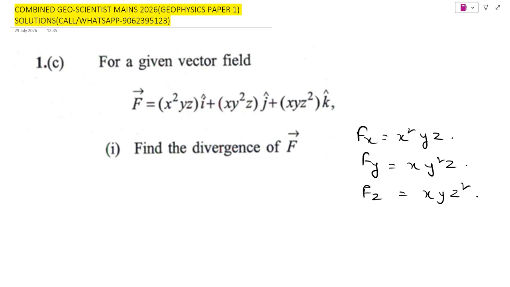So imagine placing a tiny balloon inside flowing water. If more water comes out than enters, the balloon expands. And if more enters than leaves, then what happens? It shrinks. So that expansion or contraction is exactly what divergence measures.